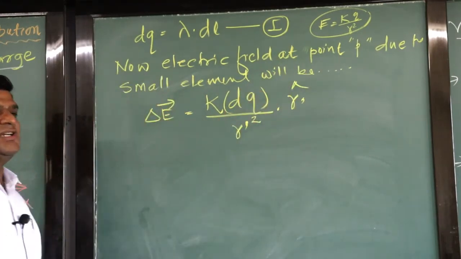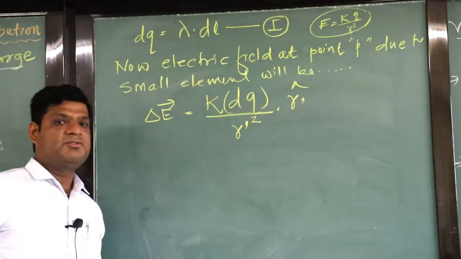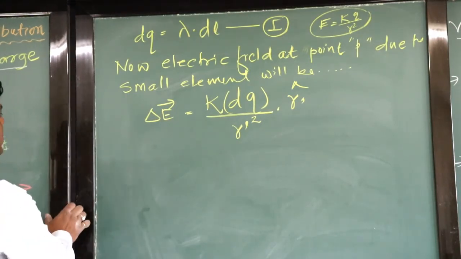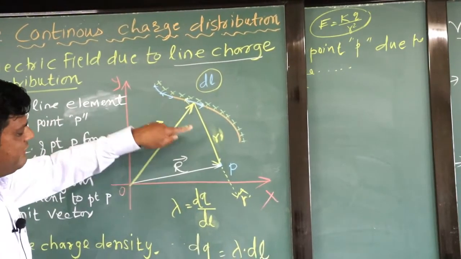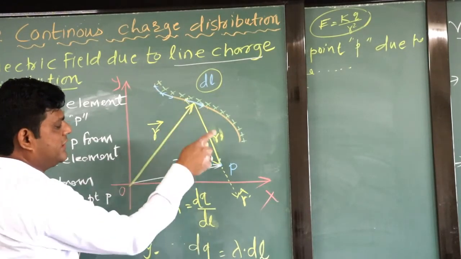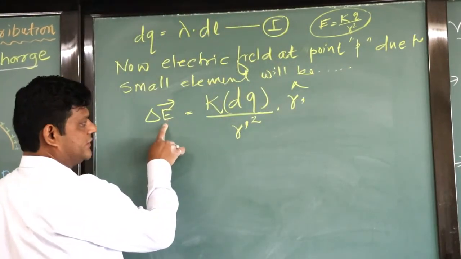If we are representing it by vector, we have to write a unit vector over here. So this is the electric field. dE vector is the electric field at point P due to the small segment, right?